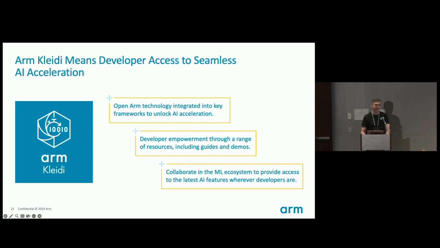It's a permissive license, so it can be included in open source and closed source frameworks, both. Again, we are working with the developer ecosystem to define what those microkernels are and how they work, so that they are exactly what those frameworks need. And in addition to just the code, we're producing documentation and other resources to help people learn how to use it and use it as effectively as possible.